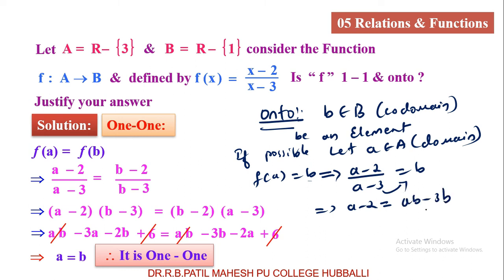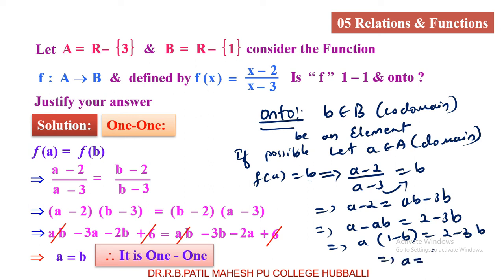Then taking a minus ab equals 2 minus 3b, simplification. a common: a(1 minus b) = 2 minus 3b, and definitely I get a = (2 minus 3b) upon (1 minus b), and it will belong to the domain.